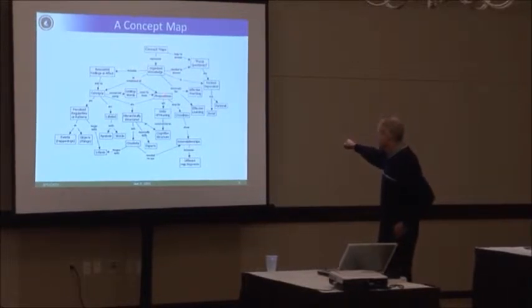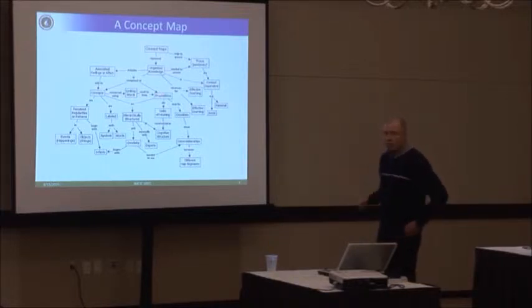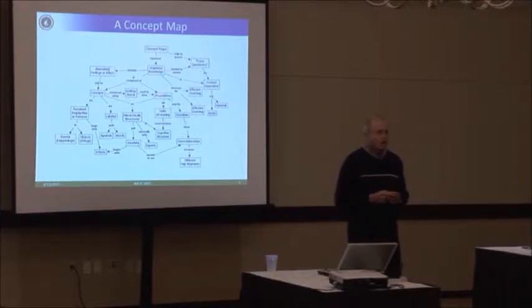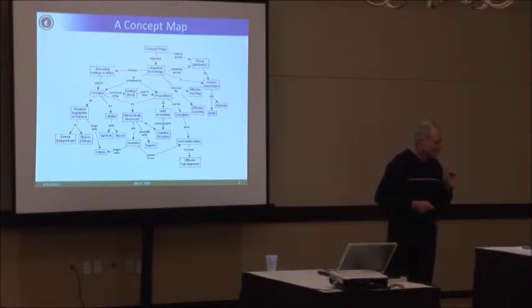Organized knowledge is comprised of propositions. Concepts connect using linking words. Linking words are used to form propositions. So they read propositionally, but they are informal in the sense that they are completely unconstrained with regard to the vocabulary that can be used for the concepts themselves or for the linking phrases.